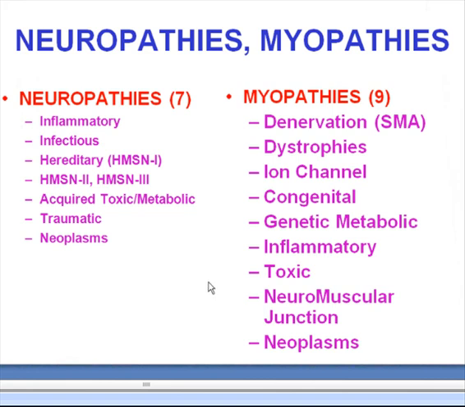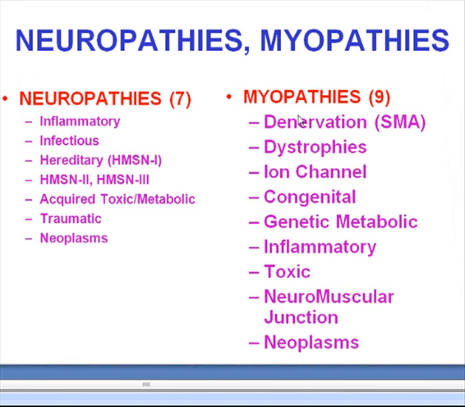Talk about the neuromuscular junction disorders, of which the absolute mother of all the neuromuscular disorders is myasthenia gravis. And last but not least, we'll talk about some things that are so rare you'll probably never see them in your life.